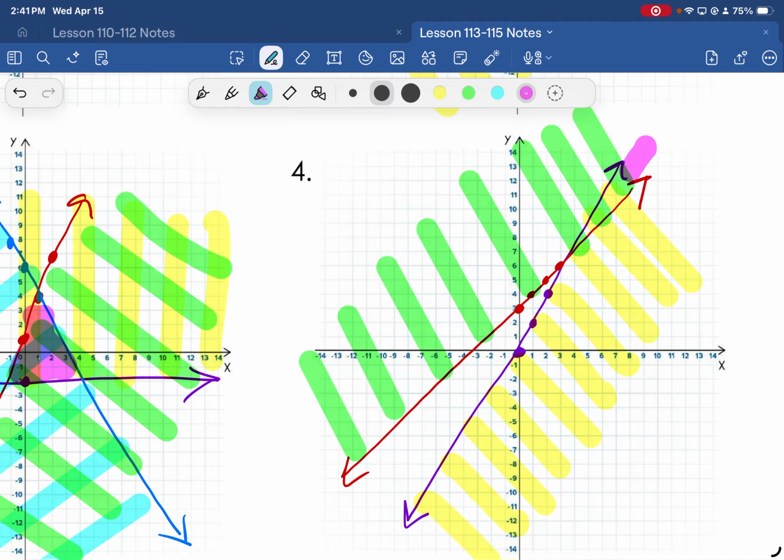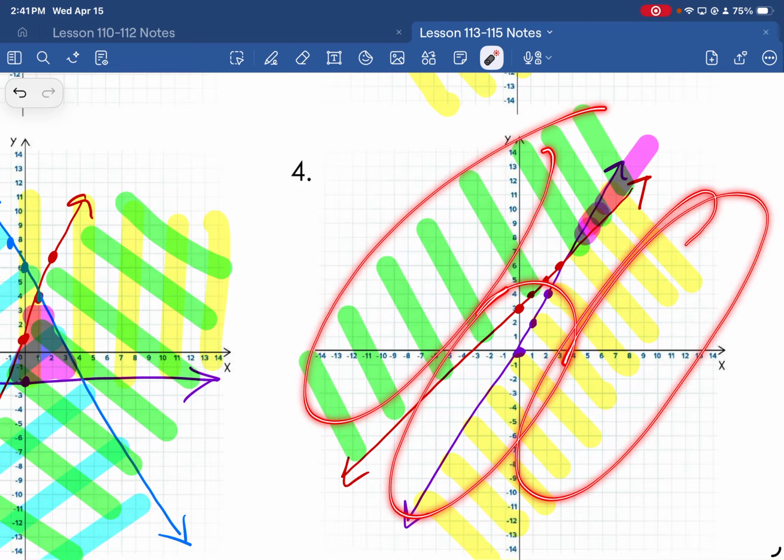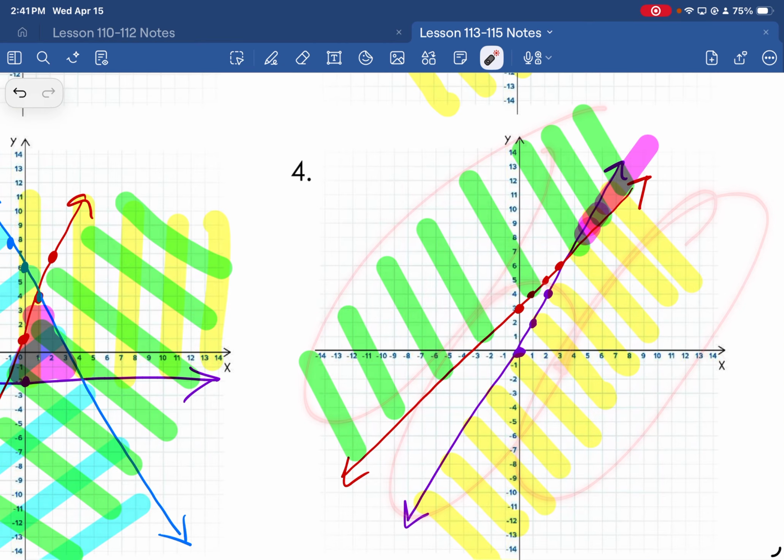So this small little sliver right in there, that's the region. Anything that falls in here would qualify. That would be a possibility of Leslie and Bruno's age. Okay, but nothing out here. Any coordinate that falls out here could not work for Leslie and Bruno's age.